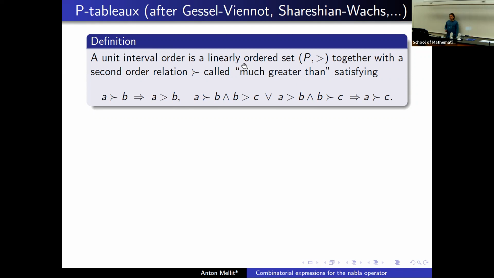And together with a second relation, which is also an order relation, and we call it much greater than. We can compare numbers normally, but then you have this other relation where you say this number is much greater than another number. That's also an order relation, but it's not a linear order. Some numbers become incomparable. The axioms for this much greater than are the following.